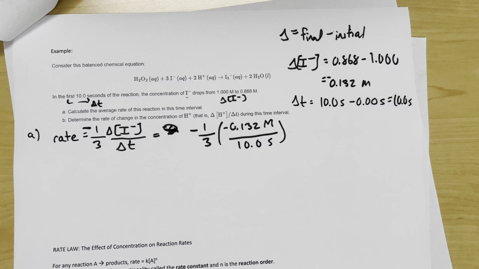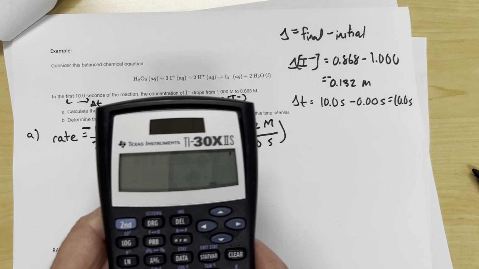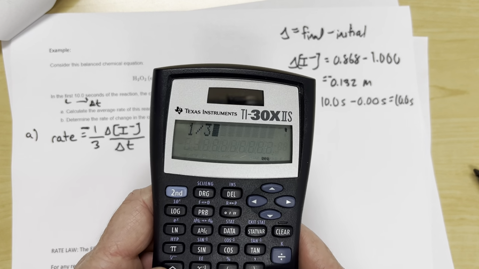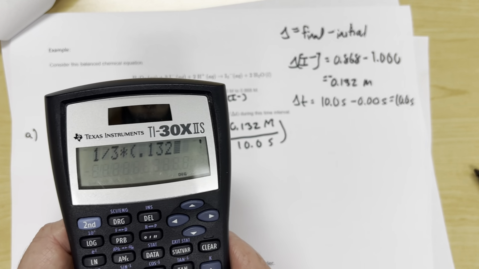So if we calculate this out, let me go ahead and grab my calculator, just to make sure that I get the same answer as I got before. I'm going to do 1 divided by 3 times, and I'll start in parentheses, 0.132 divided by 10.